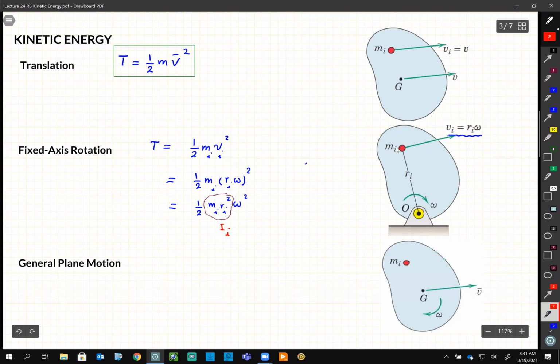Now, if I integrate or sum all of these little particles, what I will end up with at the end is half of I-O omega squared.